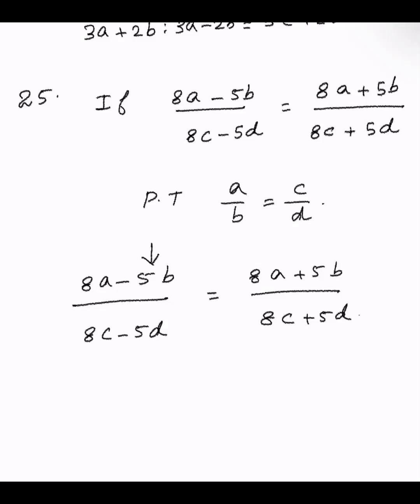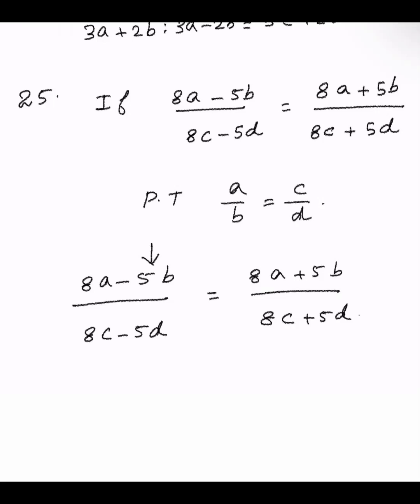But when you look here, in the numerator, you have 8A minus 5B. In the denominator, you have C and D terms, which is not going to help you. But look at the right-hand side. On the right-hand side, you have 8a plus 5b in the numerator, and in the denominator, you have 8c plus 5d. Now, you do some bit of adjustment.